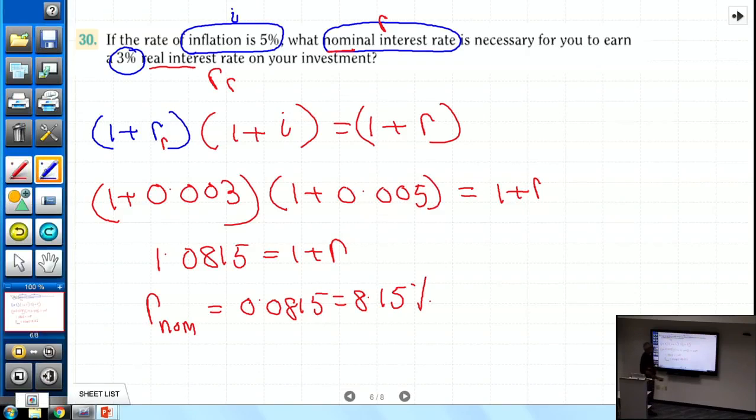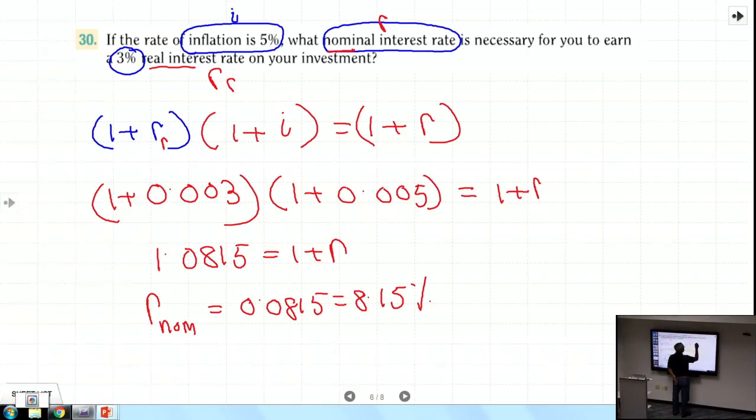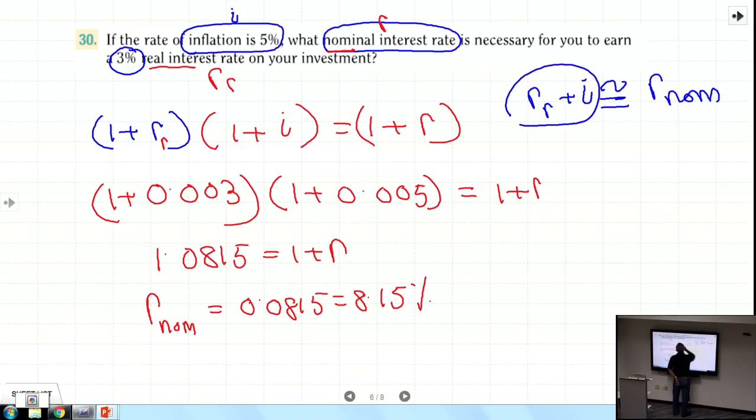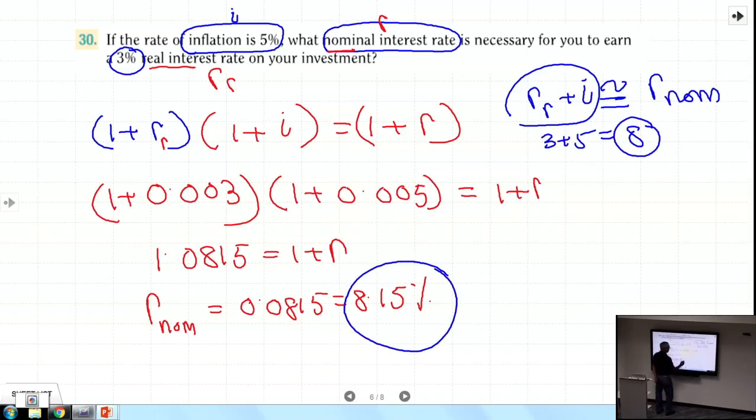Now, speaking of this in an approximate sense, real interest rate plus inflation is approximately equal to the nominal interest rate. So had I done this, 3 plus 5 would have given me 8. But the actual number is 8.15.